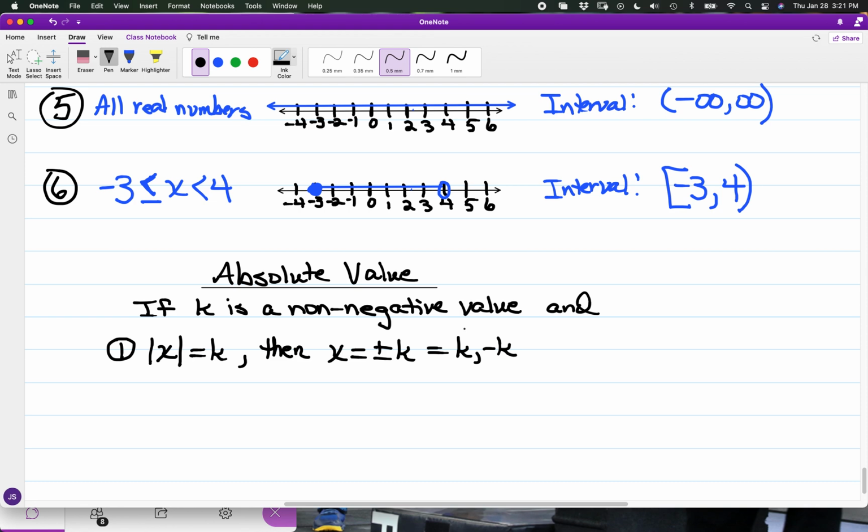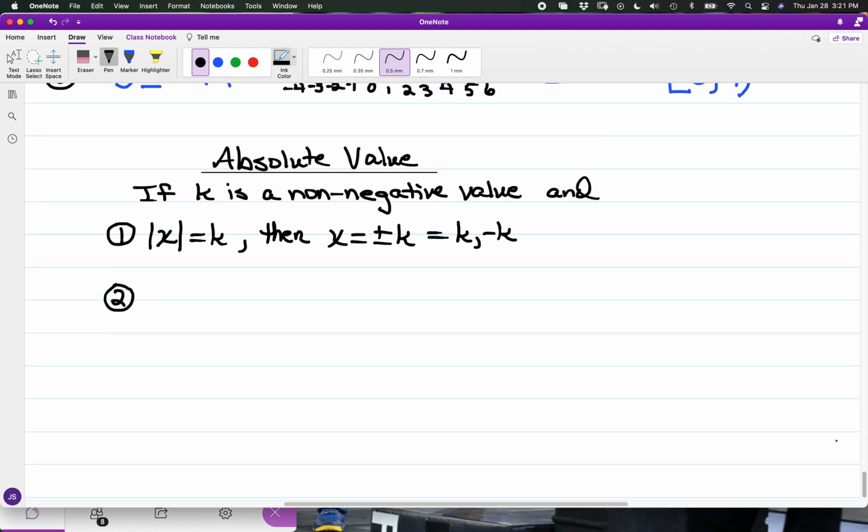But if you're looking at a set of values, okay, and let's say that we're crossing over to the inequalities, and we have that the absolute value of x is less than k, then what's going to happen here is that it's going to be kind of like a squeeze play.